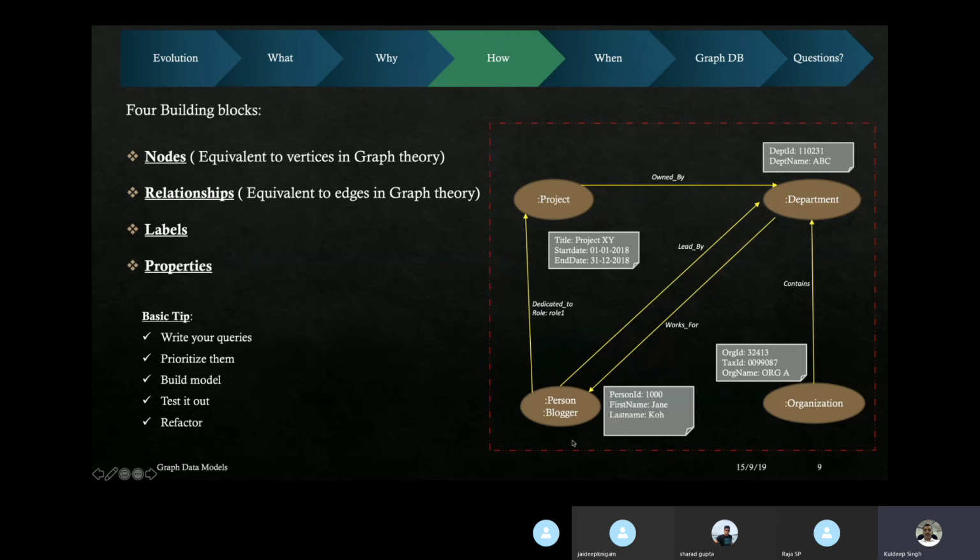Let's say there is an extension of this graph here. Now a person who wants to query for the blogger has no need to understand the project, department and organization. He will start with the blogger label and just query the graph from here.